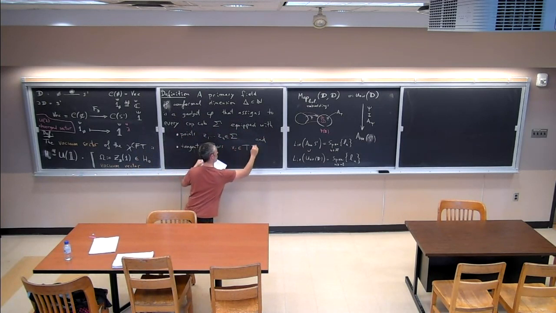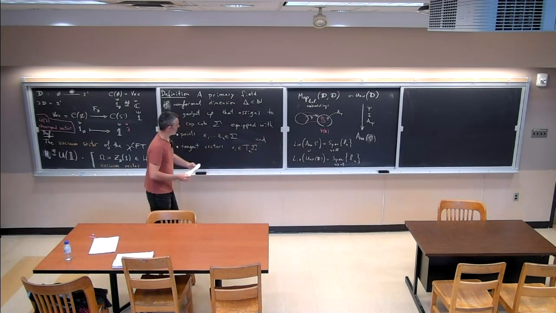So the tangent vector at the point zi is called vi.